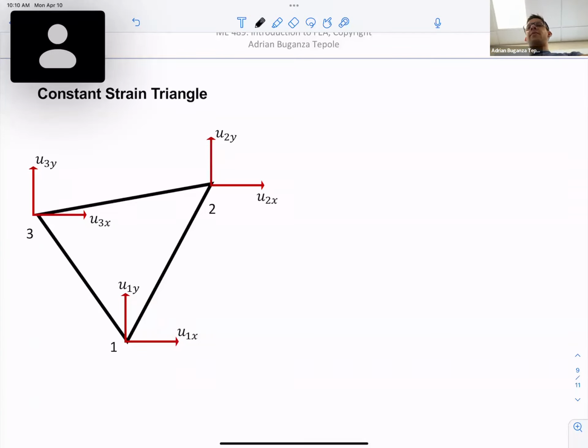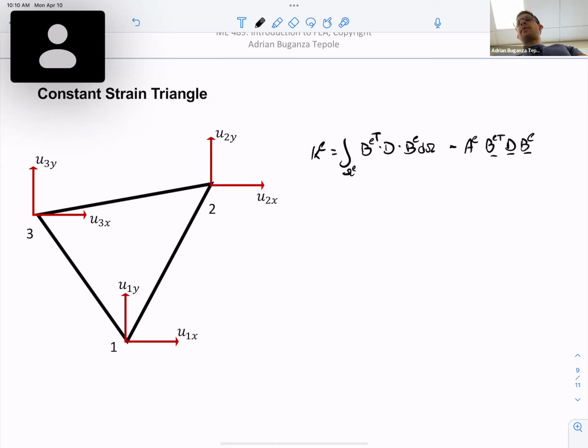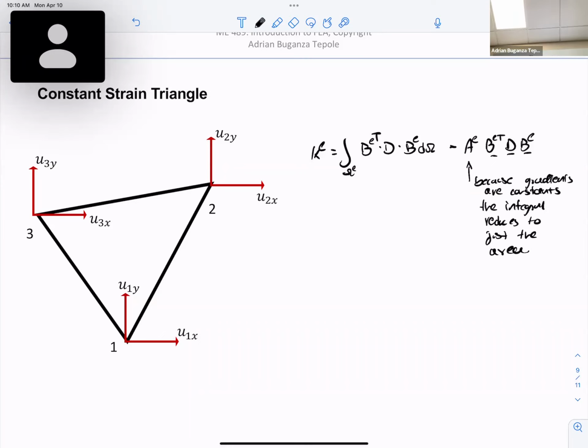So when you do the stiffness matrix, it is still the integral over the element of the B matrix times this D matrix times B. But because the gradients are all constant, this is basically just the area of the element times B transpose D B. Again, because the gradients are all constant, doing the integral just means multiplying by the area.